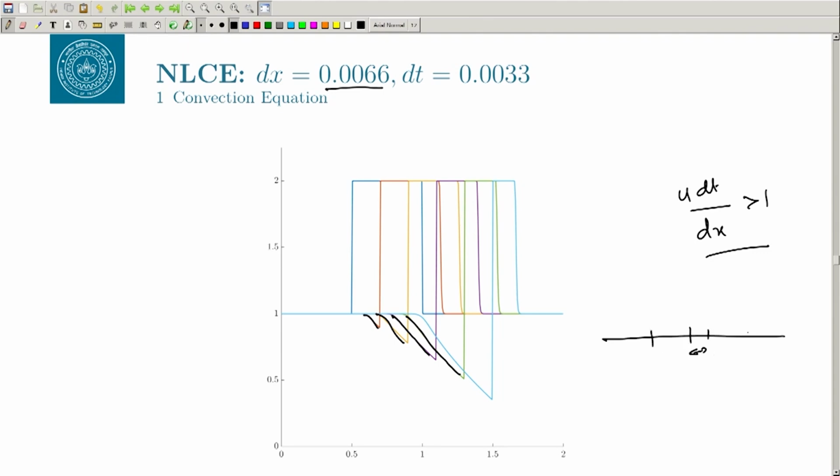Let us say here big, here small, here very small. But you have to make sure your lambda is less than 1. So, lambda is equal to u delta t by del x, you know from your previous iteration, and you know the value of delta x. So, you calculate the delta t local at every cell.